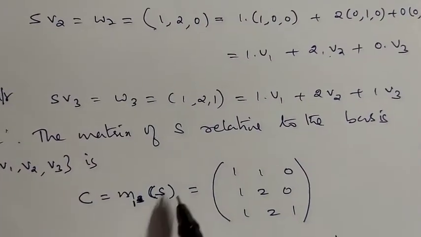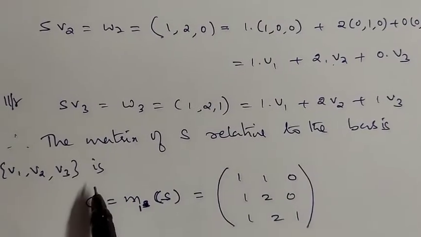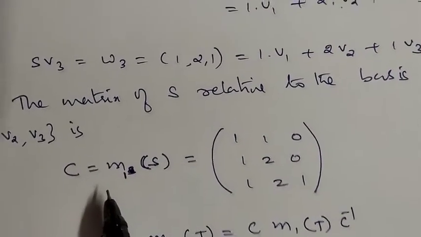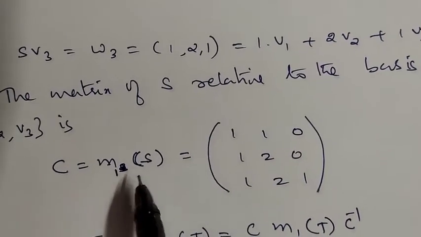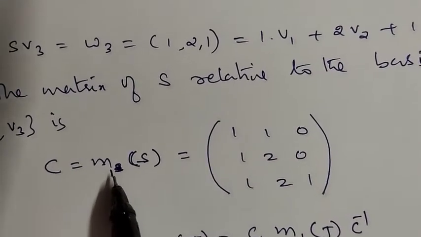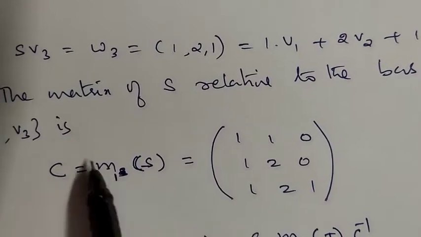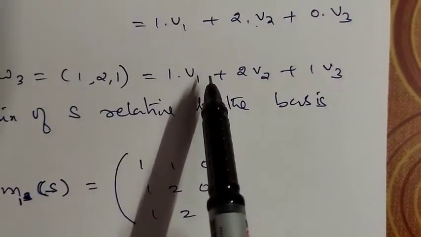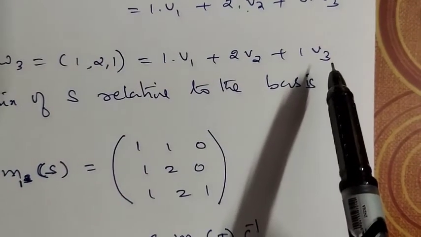So, therefore, the matrix of S related to the basis V1, V2, V3 is what? That I will denote by C. C is equal to M1 of S. I write M1 because we have written these using linear combinations of V1, V2, V3, the first set of basis elements.